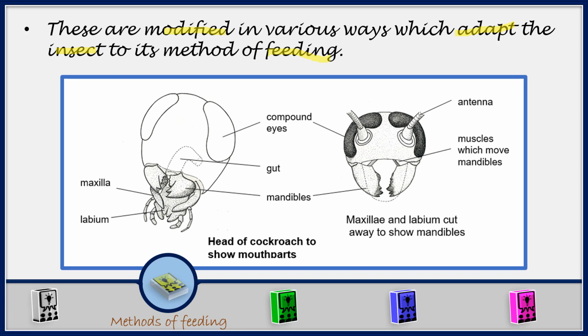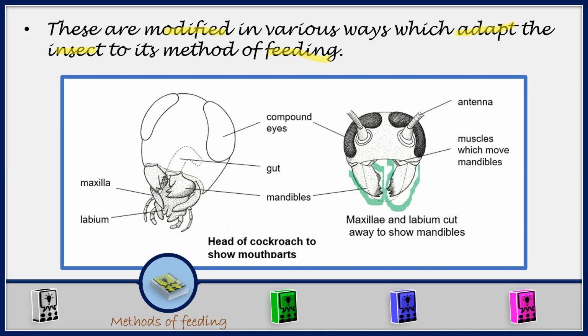For example, our cockroach is using the mandibles because it feeds on solid food substances.